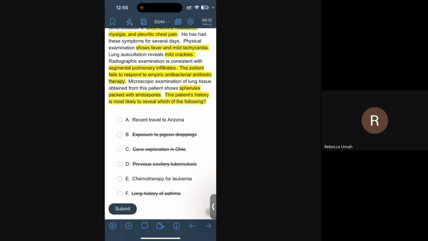We are left with two options, A and E. Which one will be the right answer? A, recent travel to Arizona, is the right answer. Why A?